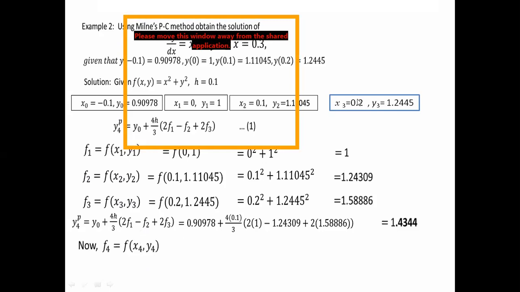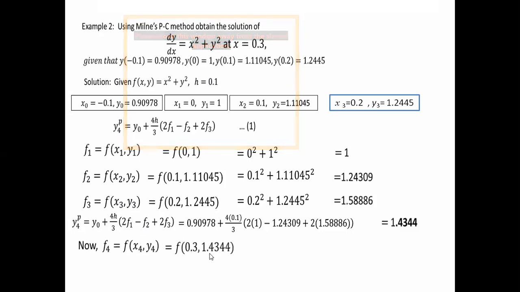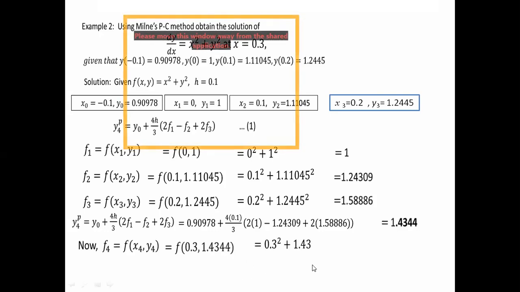So x4 is nothing but 0.2 plus h. h is here 0.1. So 0.2 plus 0.1 is 0.3. So it is 0.3 and y suffix 4, that is this value, 1.4344. Now they are defined by x square plus y square. Square and add it. And you may see that this value is 2.1475.